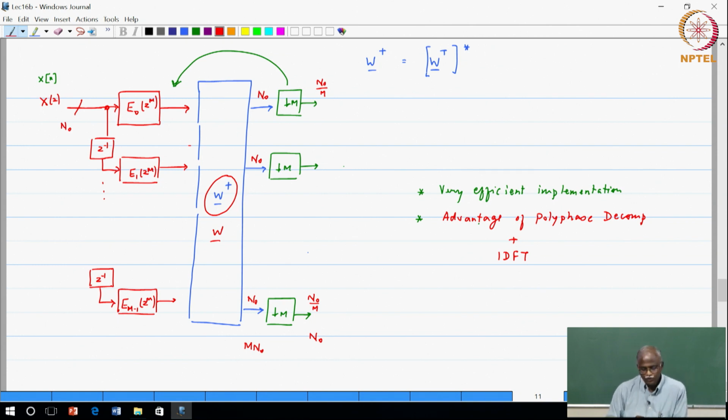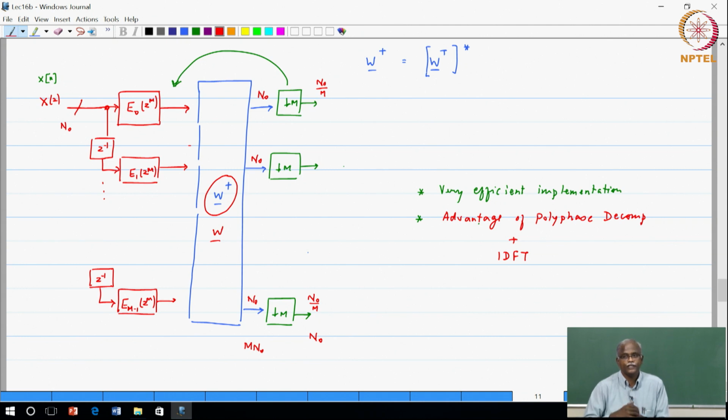It is not a very difficult task, but something for you to think about, because this is going to give us a lot of insight into the structures that we are going to be developing, and what you will find is that these outputs just get cyclically shifted. That is all. There is nothing very profound happening.